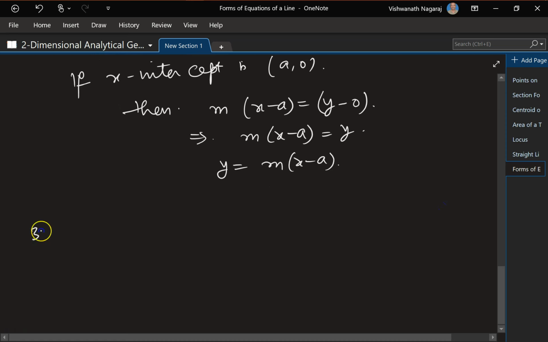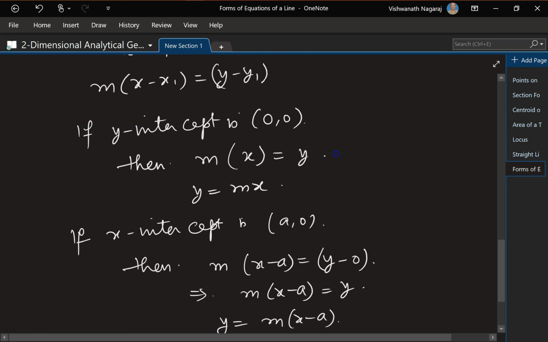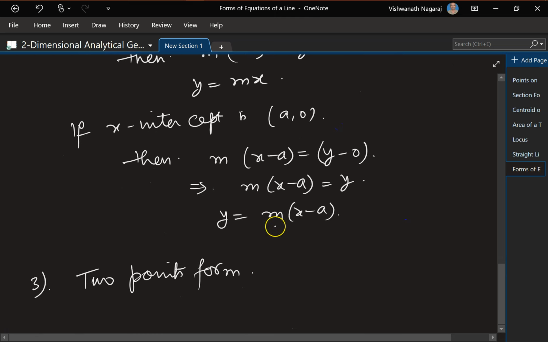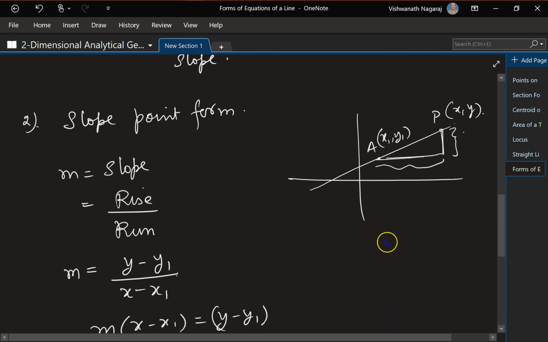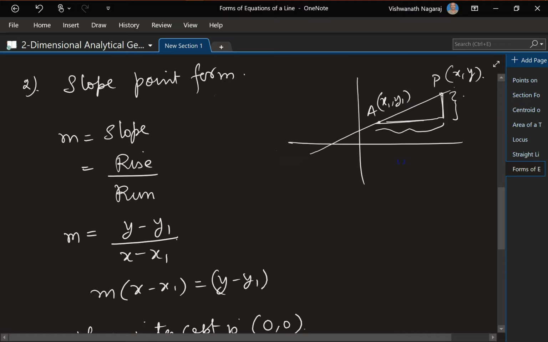Okay, now another is the 2 points form. In the previous one we had 1 point and slope. So if you look at this equation, you have the slope and you have another point. In the one previous to that, you had the slope and you had the y-intercept.